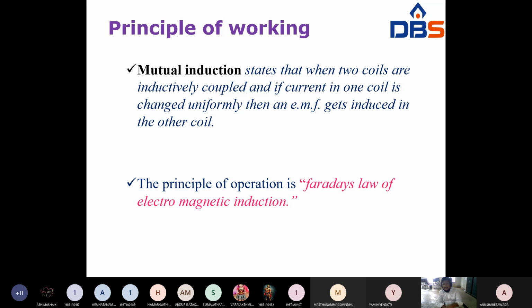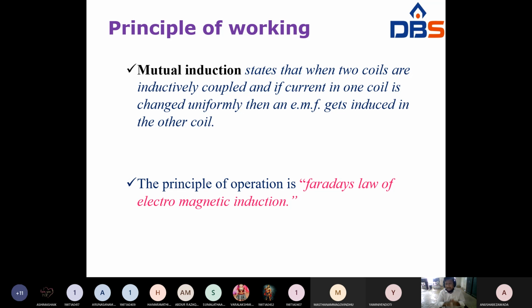The second part, the iron, does not have any flux of its own. Only the first, the magnet, has flux. For the magnet we give the supply, and because of that supply, flux is produced. That flux is uniformly distributed, and because of it there is an effect on the iron. Here also, flux is produced and EMF is induced.